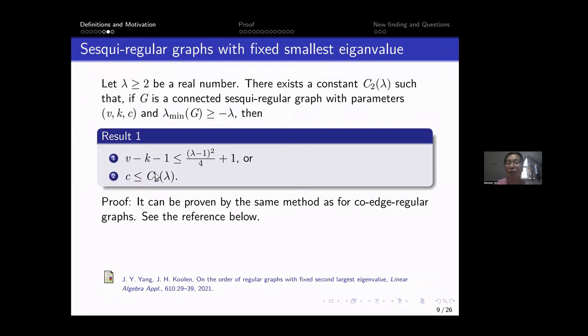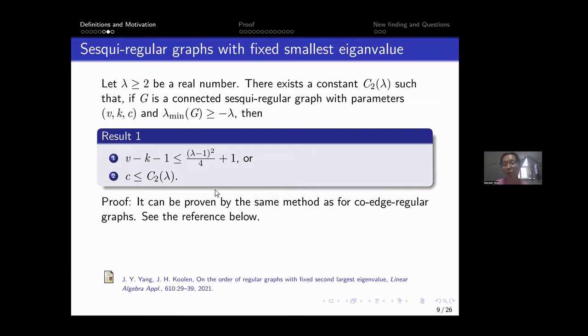This is not the result I wanted to show in this talk. Somehow this result is better suited to a talk related to the paper by Qianqian and Professor Koolen.